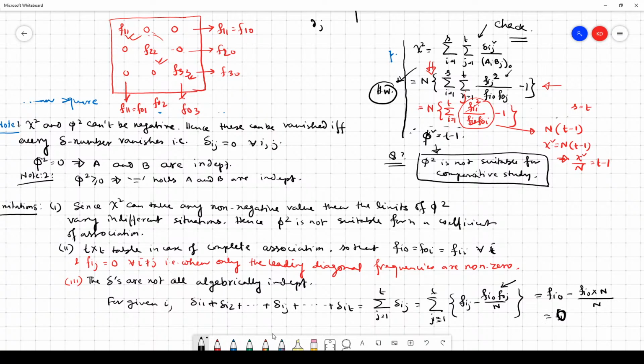Okay. So since this is 0 for given i, and this is true for all i, therefore deltas are not algebraically independent. If it is independent, this thing is not happening.